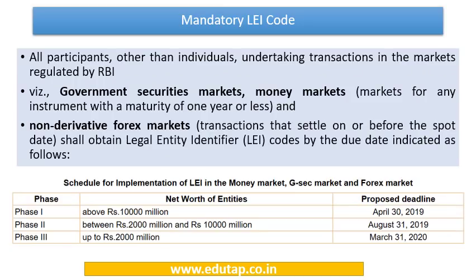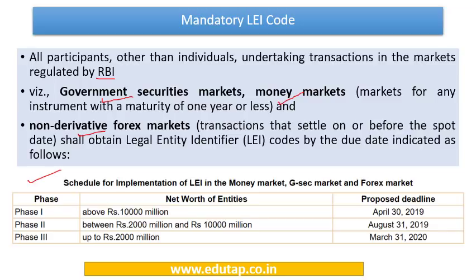So if you talk about mandatory LEI code, which entities would now have to obtain this code, and what is going to be the timeline? All participants other than individuals who are undertaking transactions in the markets regulated by RBI, be it the government securities market, the money market, or the non-derivatives forex market, have to obtain these legal entity identifier codes by the due dates specified below.